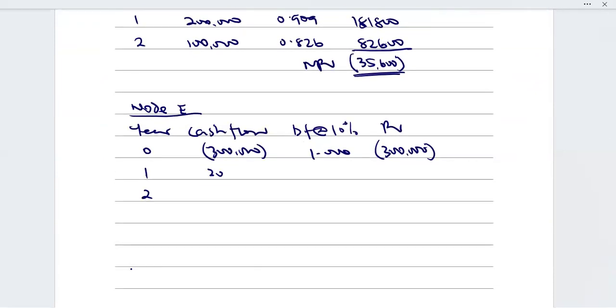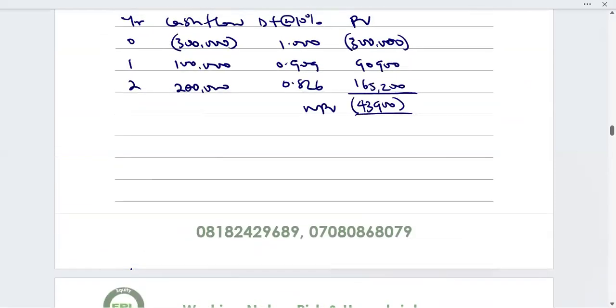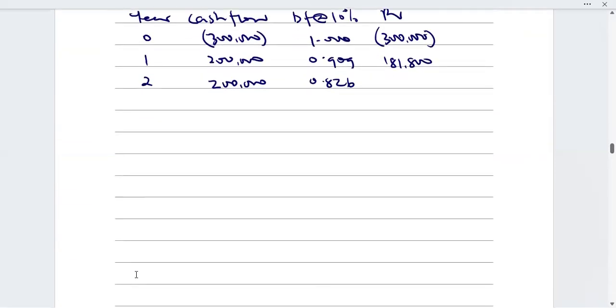Multiplying by 0.909 and 0.826 gives 181,800 and 165,200. So NPV equals 165,200 plus 181,800 minus 300,000. That's 47,000 positive.